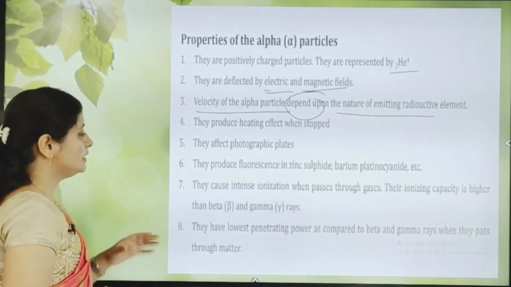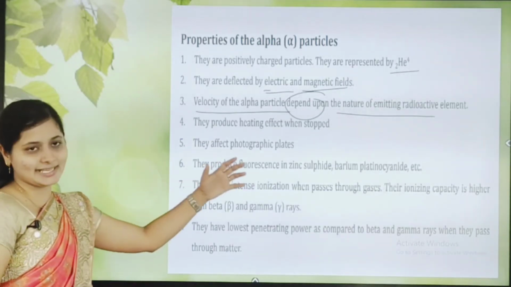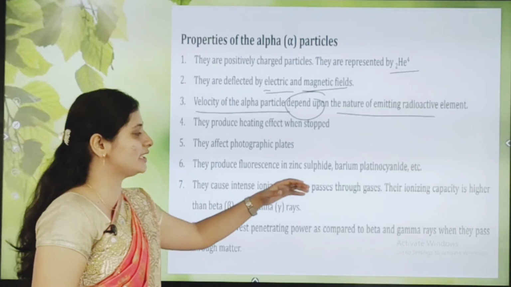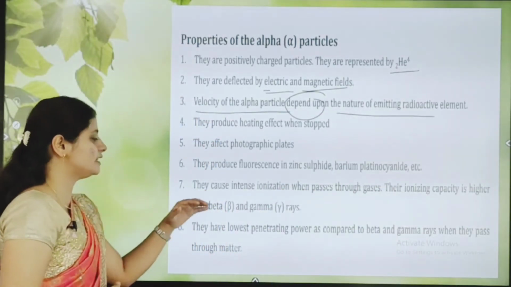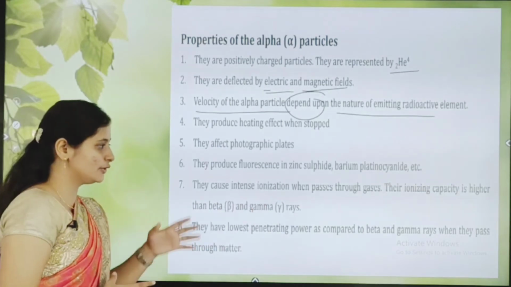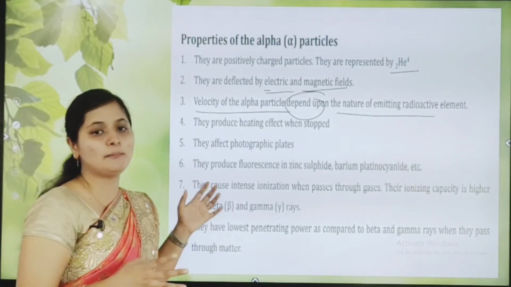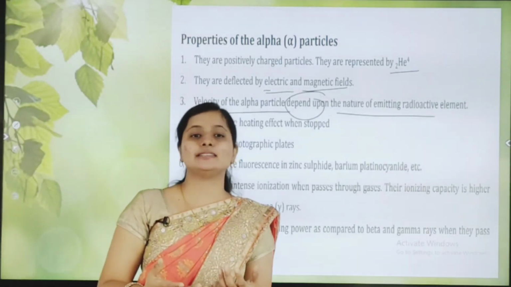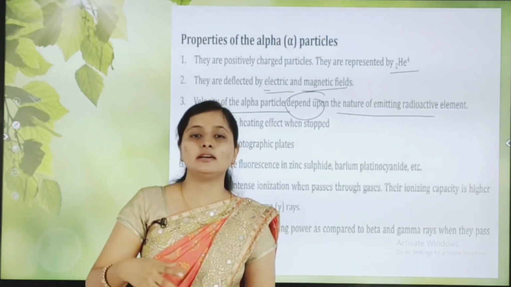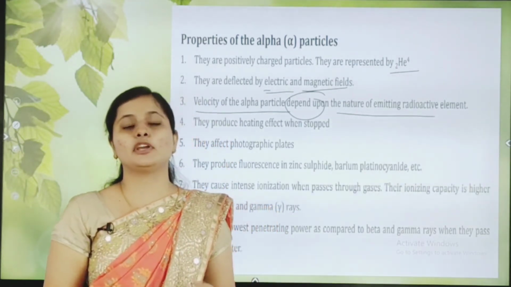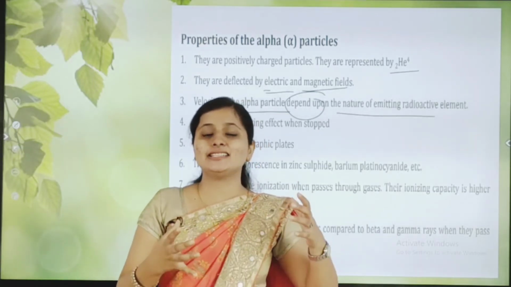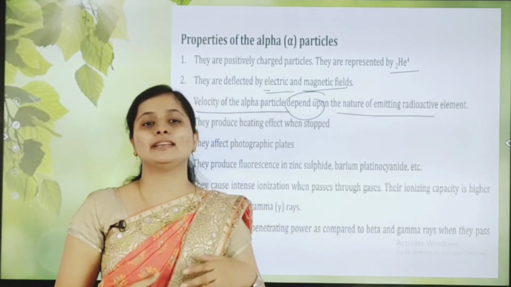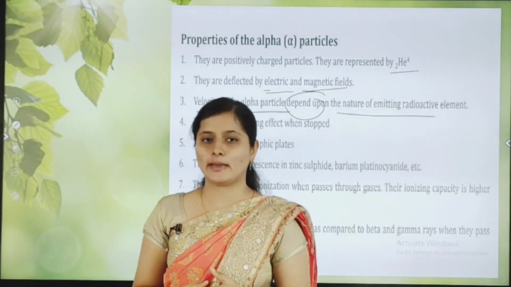Next, the seventh one: they cause intense ionization when passing through gases. Their ionizing capacity is higher than beta and gamma rays. So the ionization power is more than beta and gamma. Why? Because it is positively charged. Due to the positive charge, the ionization capacity is more compared to beta and gamma.